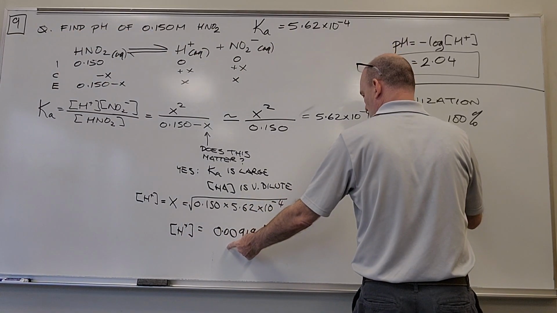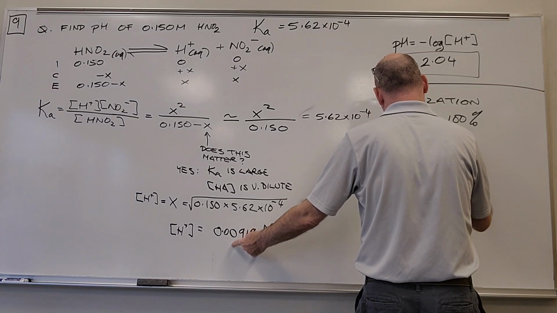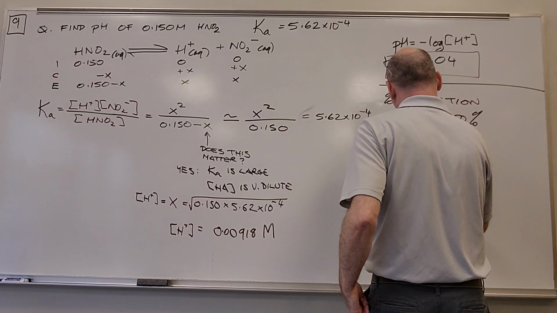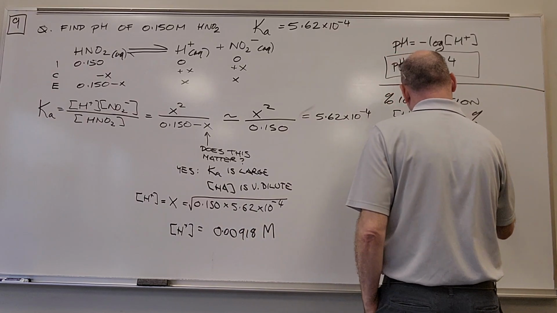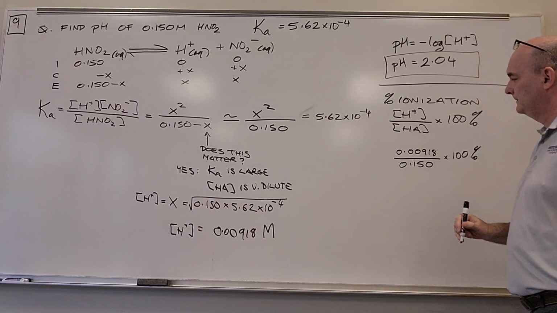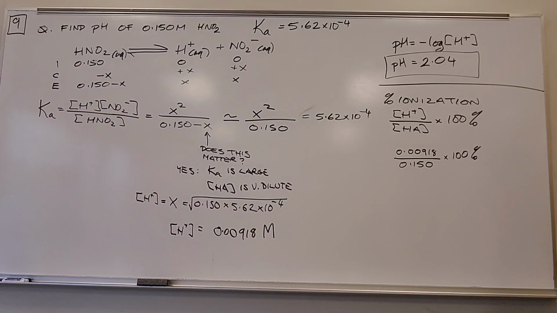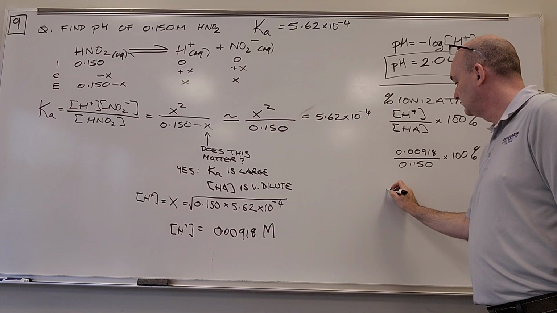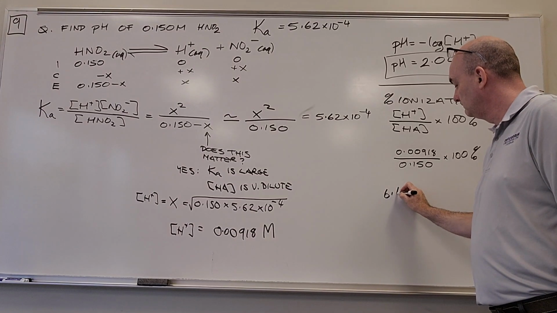This is 0.00918 divided by 0.150, all multiplied by 100. We got 6.12%.